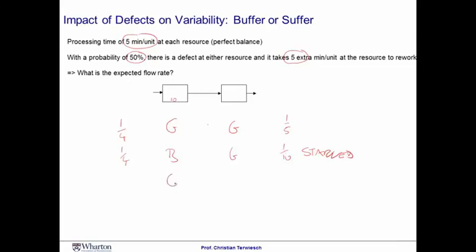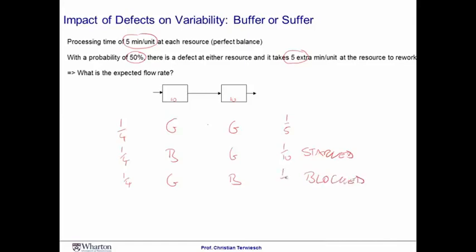Now, the opposite can happen, of course, as well. The second step messes up. The first one operates correctly. Again, that happens with a probability of 1/4. And in this case, you notice that the first step doesn't have any place to put the flow unit, right? Because these guys are still working on the flow unit. And so we say in this case, the first resource is blocked.